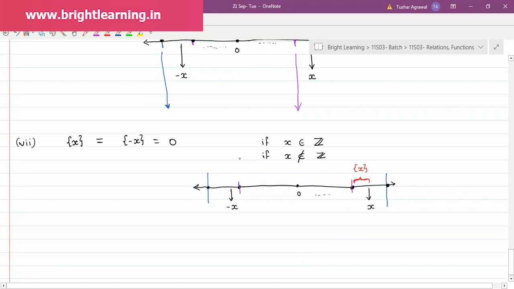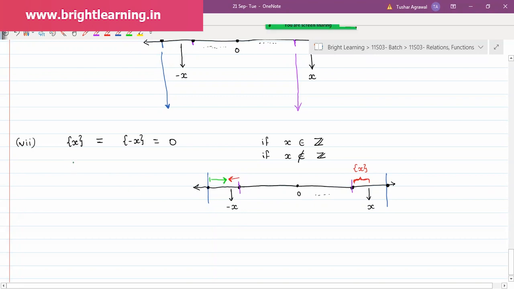Minus x is -7.2. So this is that 0.2, but that is not the fractional part of minus x. Fractional part of minus x will be this distance. Can you see? The green distance, and the fractional part is always positive.